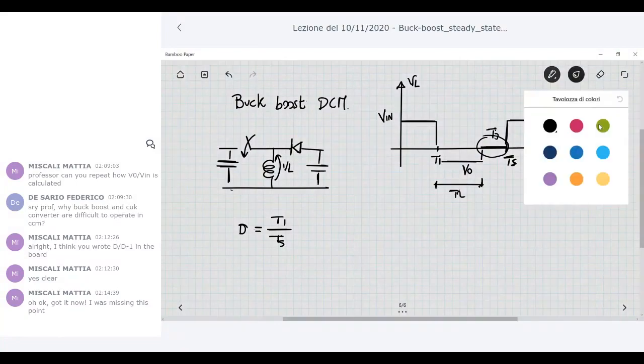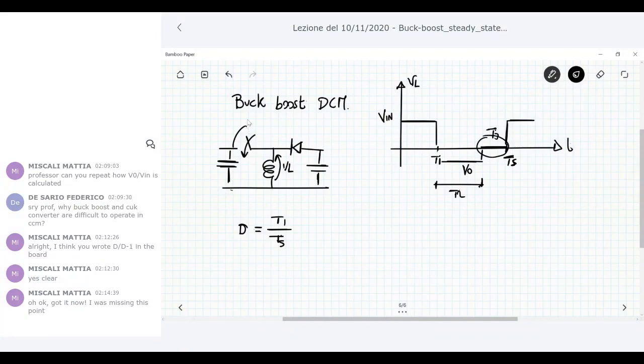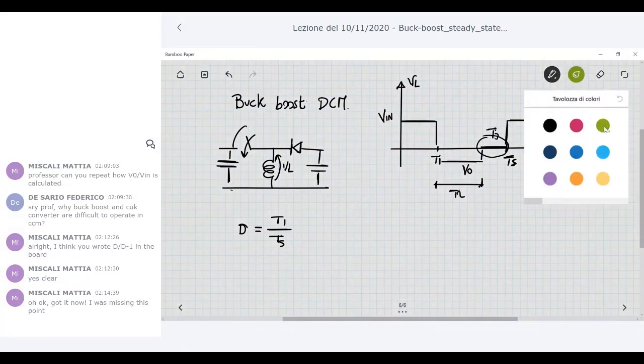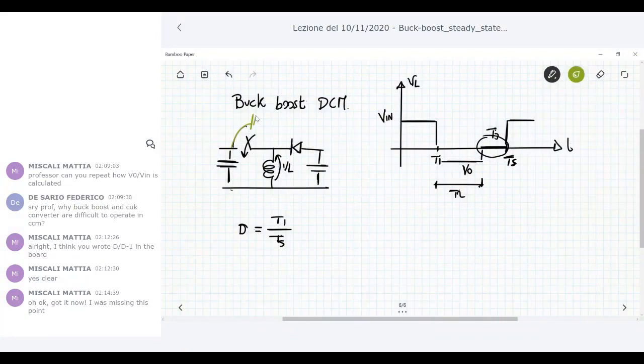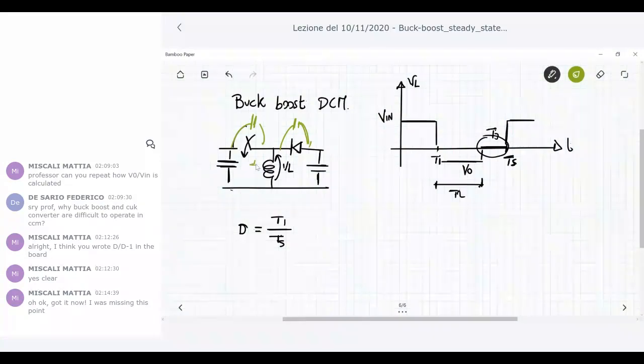But in practice, due to parasitic capacitance that you can have across each real component, for example across the diode and also the capacitance due to the terminals, what happens in this region is that you can have some ringing, some oscillation in the voltages.